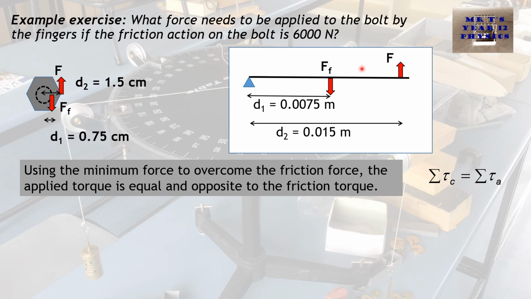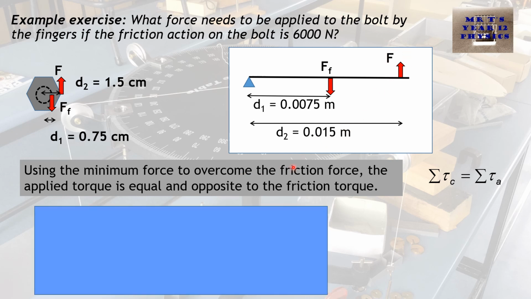In this case, there is only one clockwise torque and only one anti-clockwise torque. Just take note, these arrows are not the torque. The torque, remember, is the force times the distance. So let's see if we can solve this.